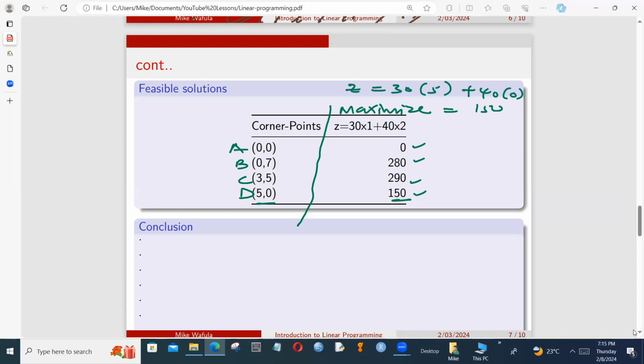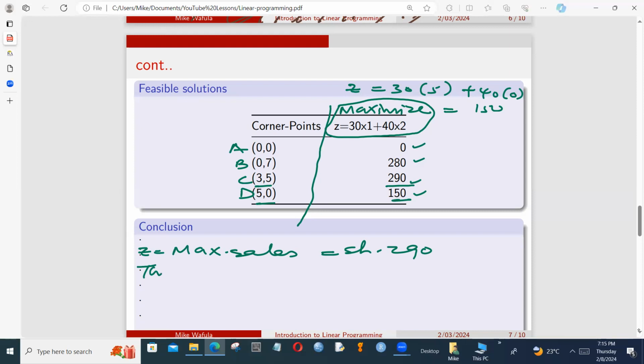Since the objective is to maximize Z, the maximum value of Z here is 290. Remember, Z here implies the maximum sales, which we are saying is 290. And so 290 is achieved when x1 is 3 and x2 is 5.